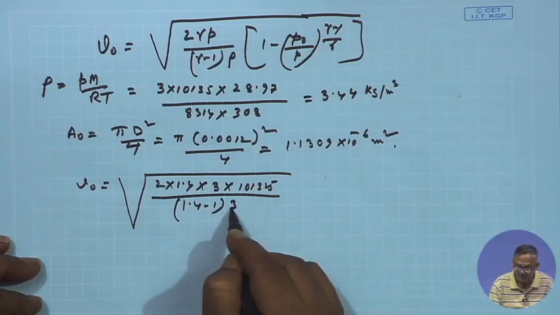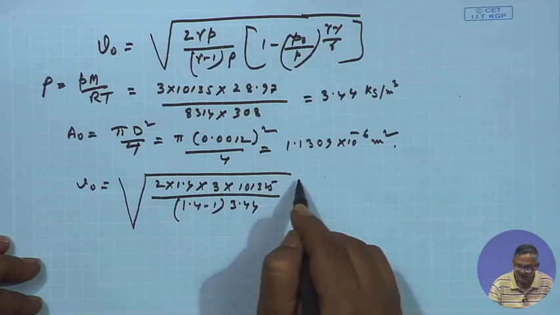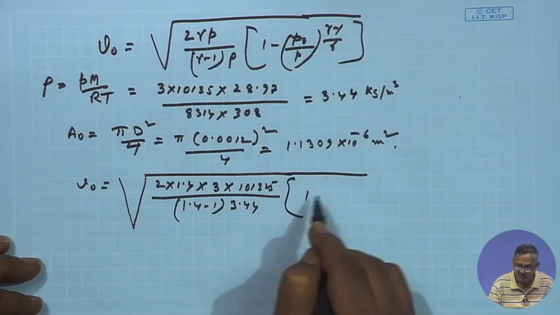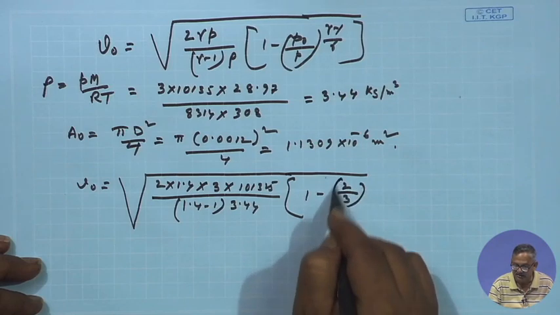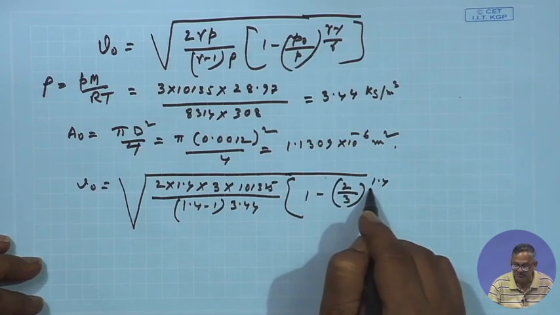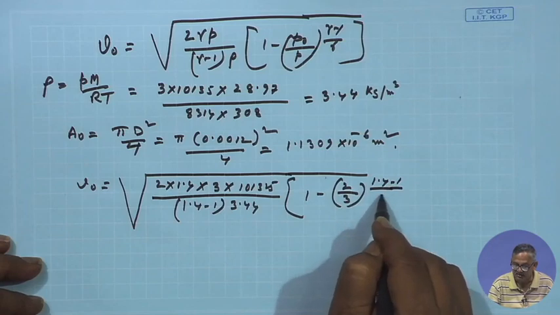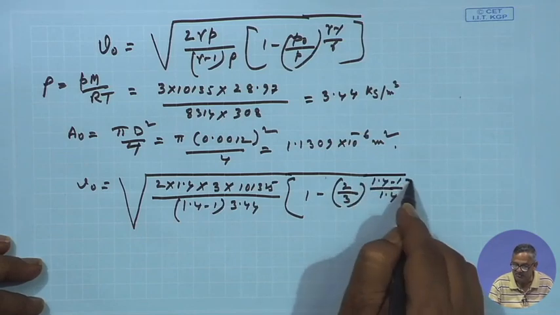Rho we have found out, 3.44, into 1 minus P0 is 2, P is 3, to the power 1.4 minus 1 divided by 1.4, right?